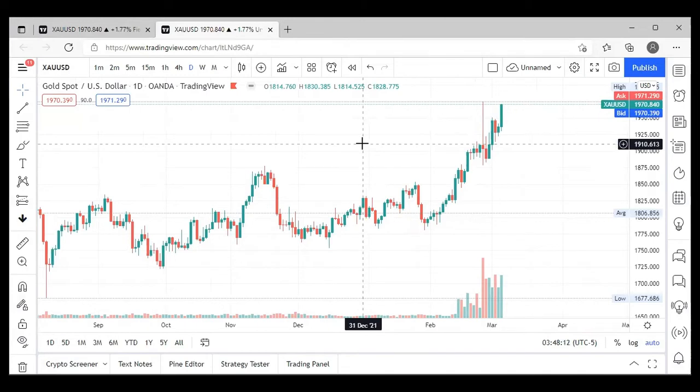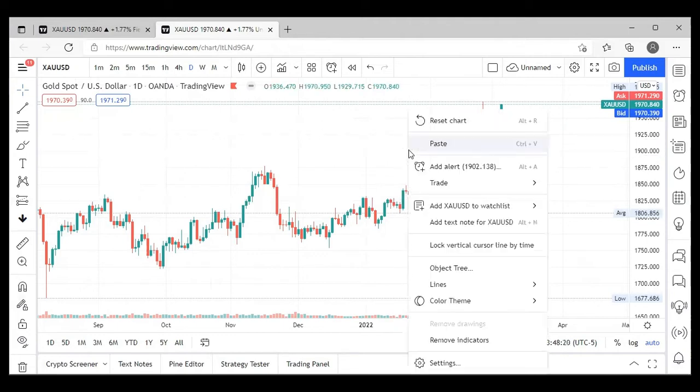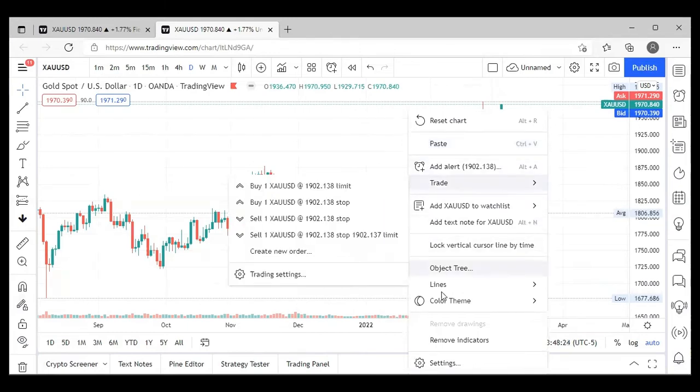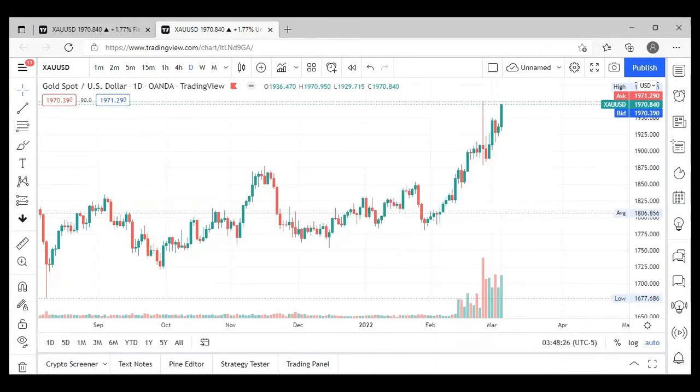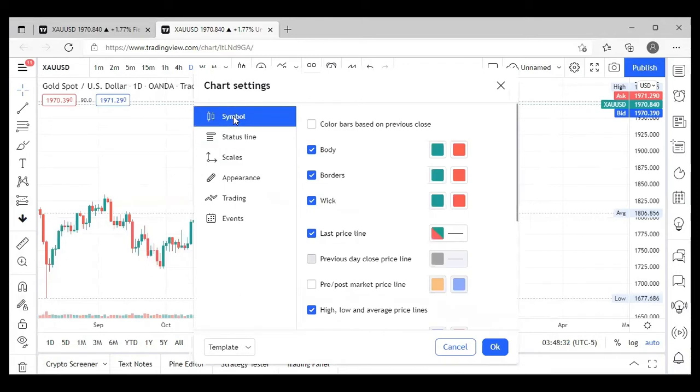Now, if you want to customize it, this is what you're going to do. Customize it maybe to the colors that you want, like these candlesticks. Maybe you want them to be black and white. All you need to do is just right click on the screen or the chart, scroll down to settings. And then in settings, there's this first level here, symbol.